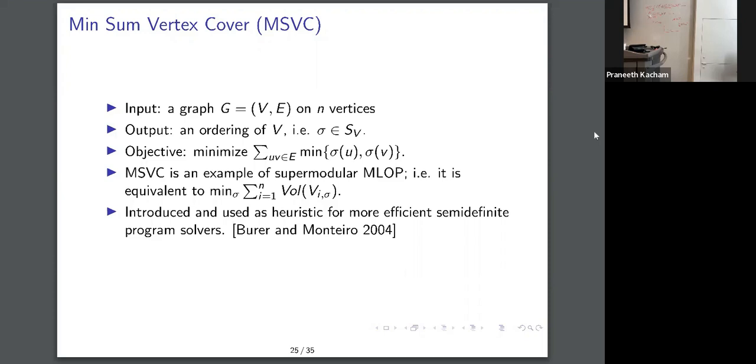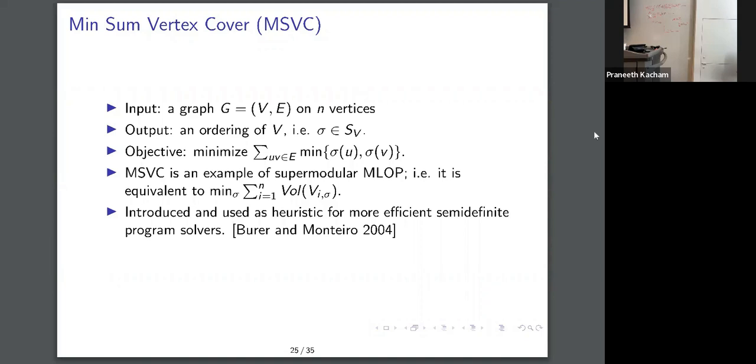What is this problem? It is, again, ordering the vertices of a graph, and each edge is going to be satisfied or covered at some time. So think of the ordering as time steps. We want to label vertices, and an edge is covered at the time where one of its endpoints appears in the order.